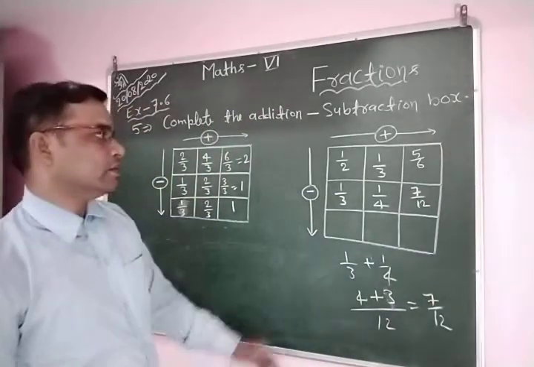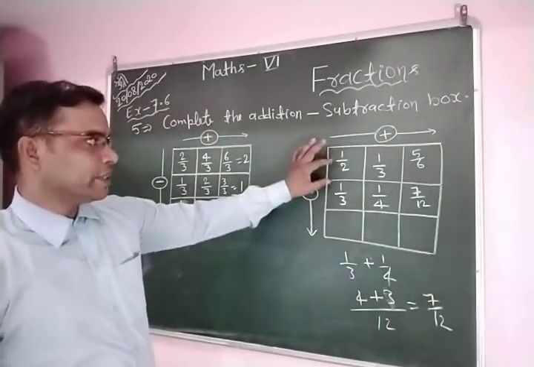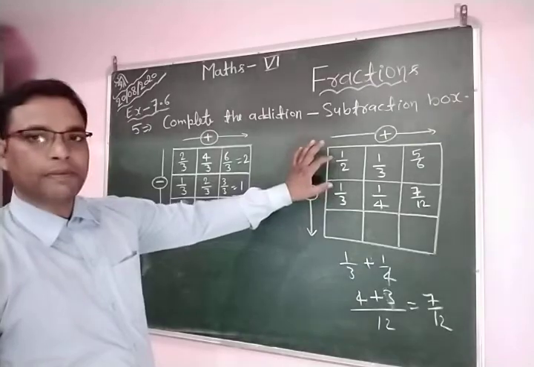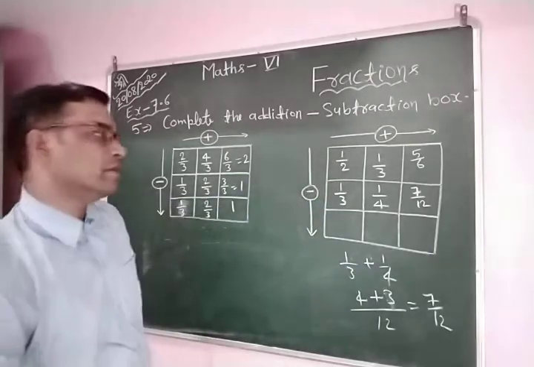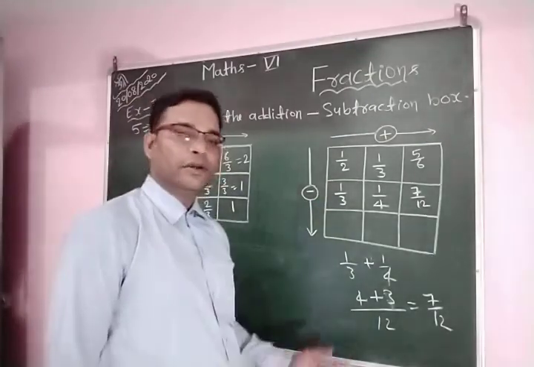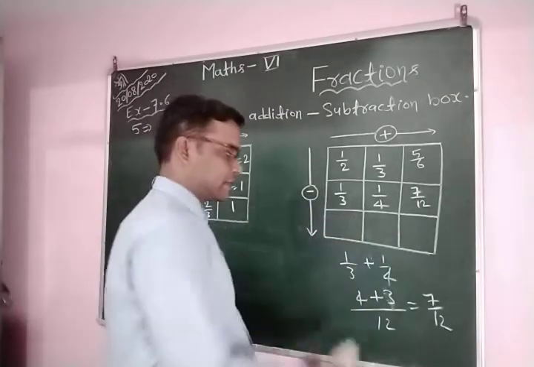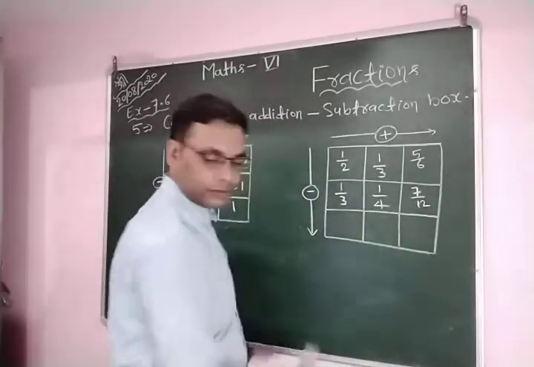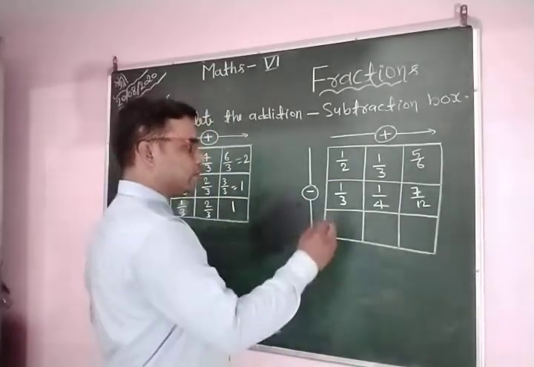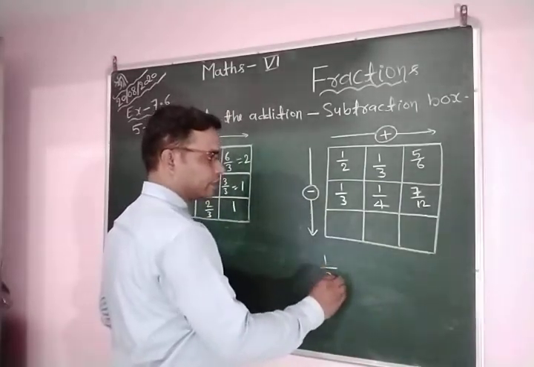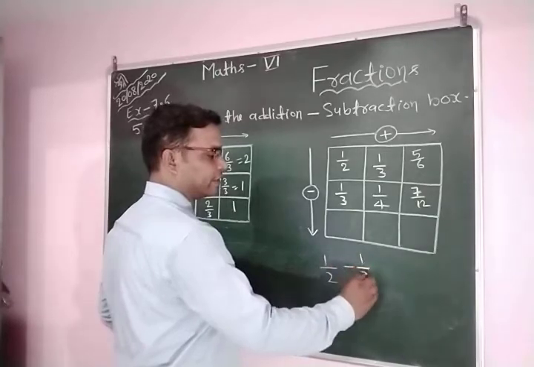Clear? Now from this box we subtract 1 by 3 from 1 by 2. So let's see how to subtract and what fraction comes in this box. So 1 by 2 minus 1 by 3.